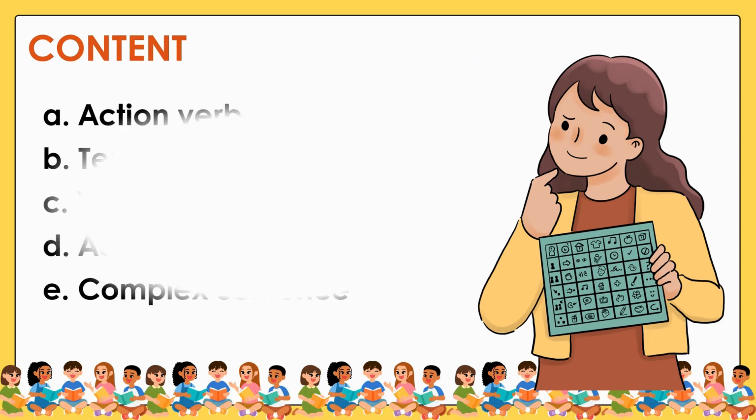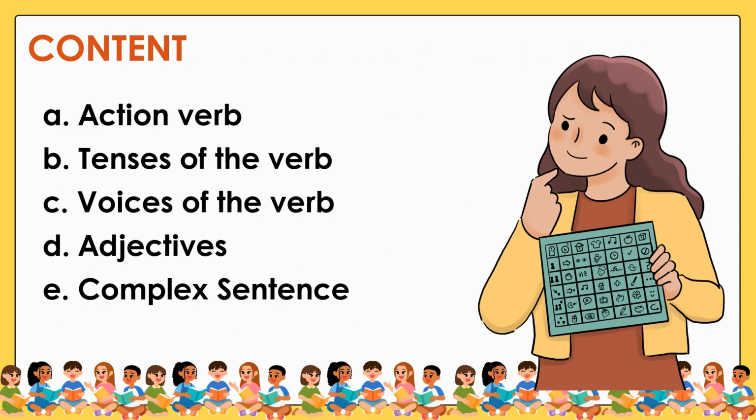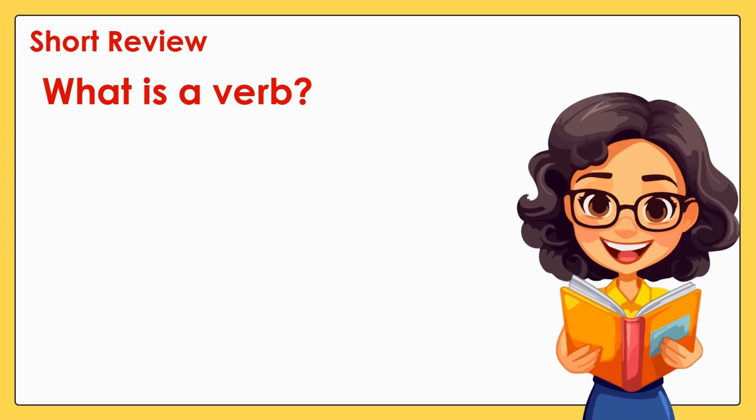Content: A. Action verb. B. Tenses of the verb. C. Voices of the verb. D. Adjectives. And E. Complex sentence. Before we have another lesson, let's have a short review.